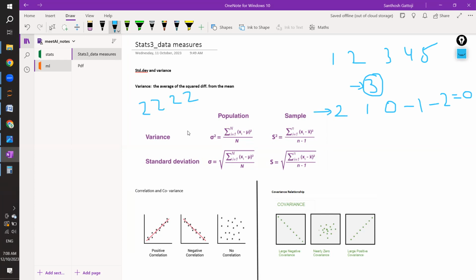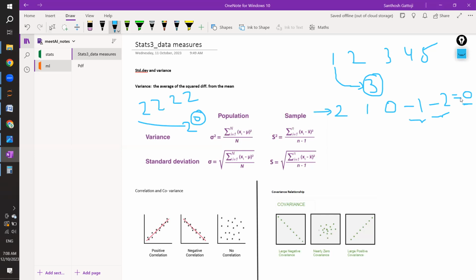What is the mean? 2. What is the difference between each point and the mean? 2 minus 2 is 0. Only in that case will you have it as 0. But here, since you are getting 0, you cannot say that the numbers do not vary from the mean. Why are you getting 0? Because you are considering the minus signs over here.